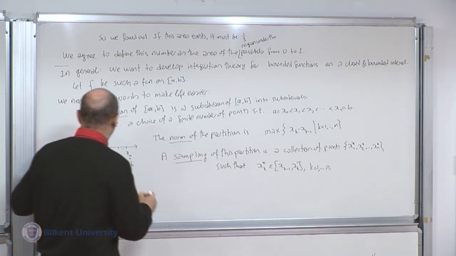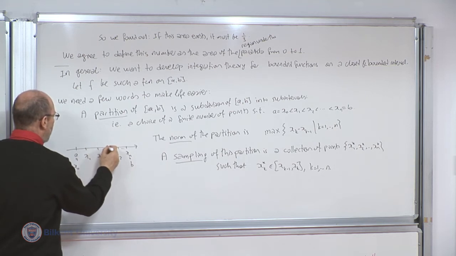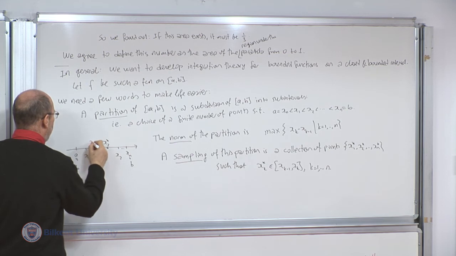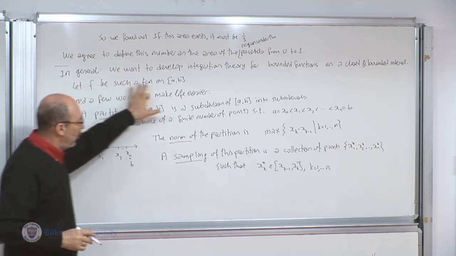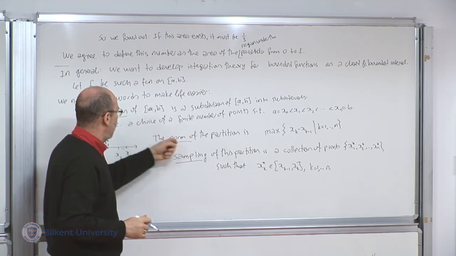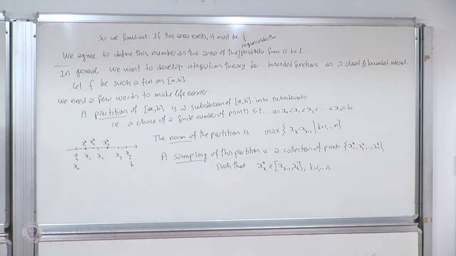So in each interval, I'm choosing a point. So this one will be x3 star. Somewhere here I choose x2 star. Here I can choose this one as x1 star.